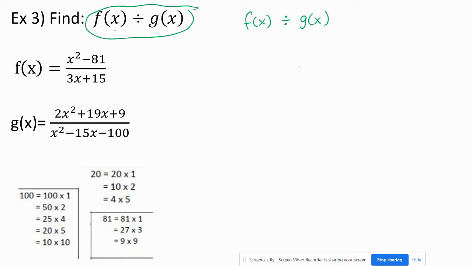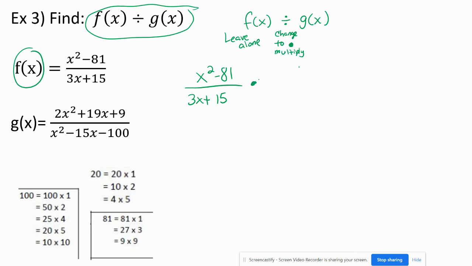So we're going to take the f of x, we're going to leave that alone. So it's right here: x squared minus 81 over 3x plus 15. We're going to change to multiply.